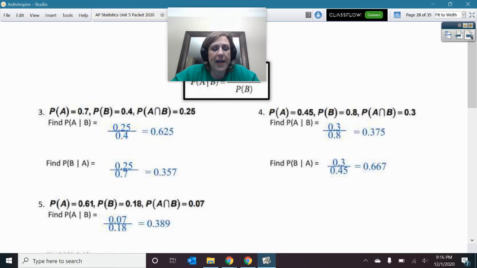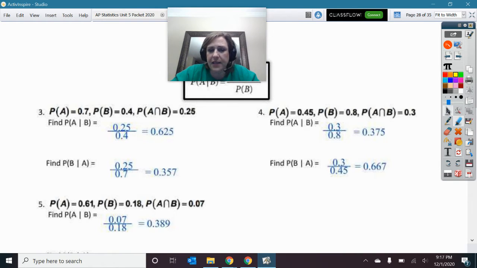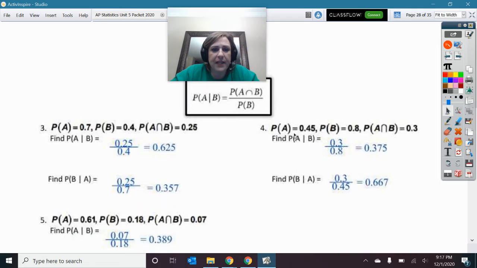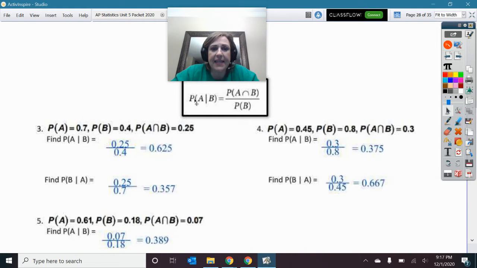And here we have just basic formulas, just making sure that you know this formula here is the probability of A given B. That puts the total probability on the bottom, the intersection of A and B on top. So that is what I do.